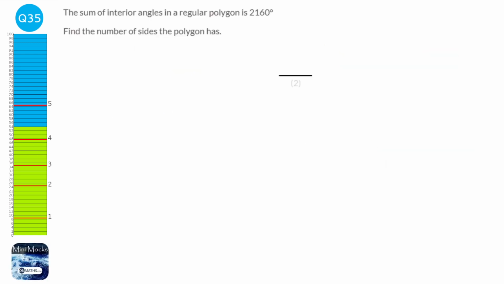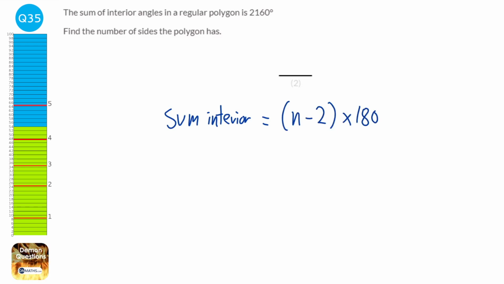So the formula we need here is that the sum of the interior angles is equal to the amount of sides, take away 2, times 180. So we know that the sum of the interior angles is 2160, and we're looking for what n is.